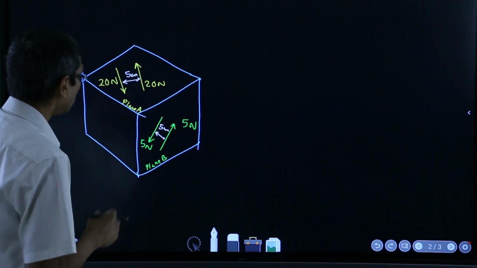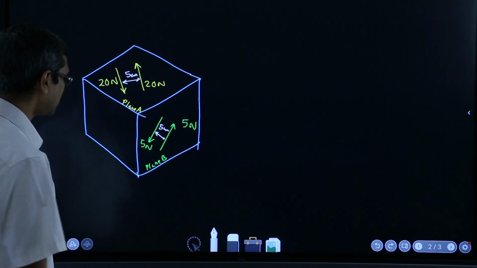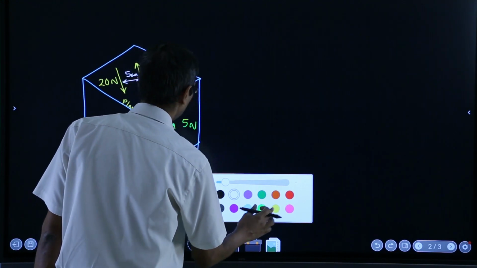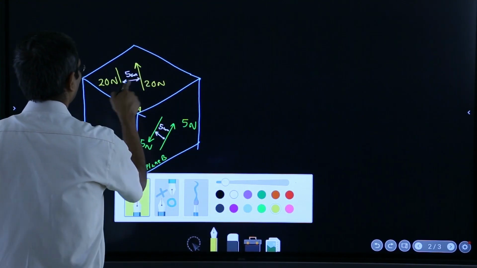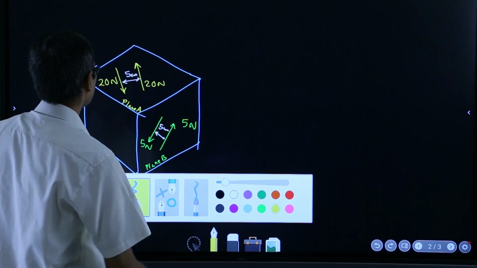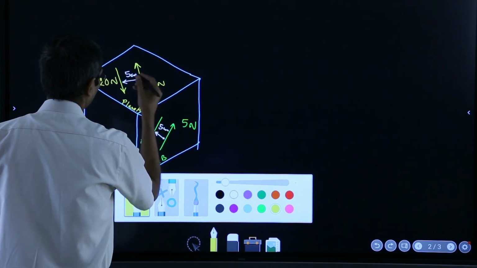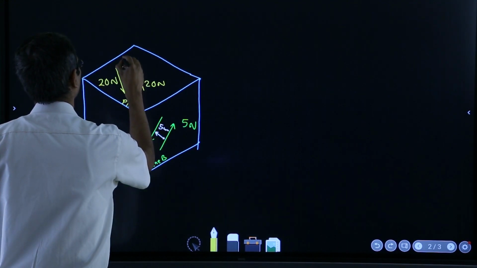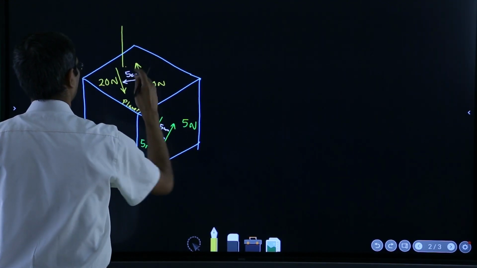Then what are the values of the couple moments which exist on those two surfaces? The values are 20 times 5, right? So 100 newton centimeter. Then let me draw this. In which direction?